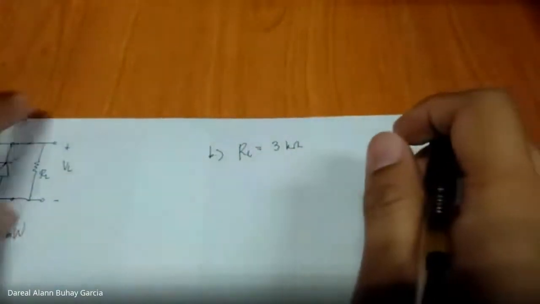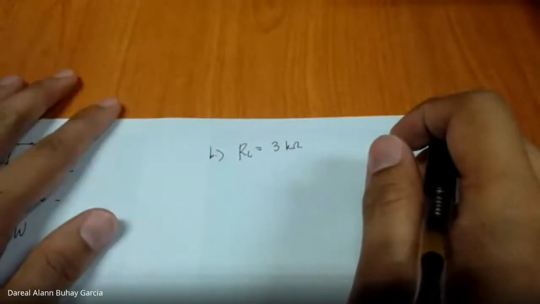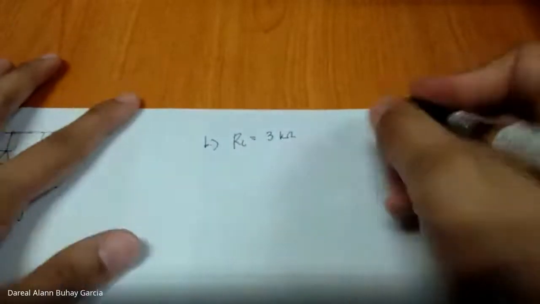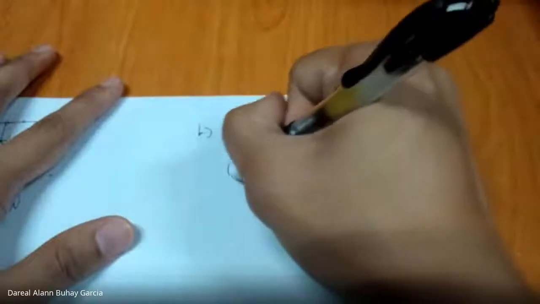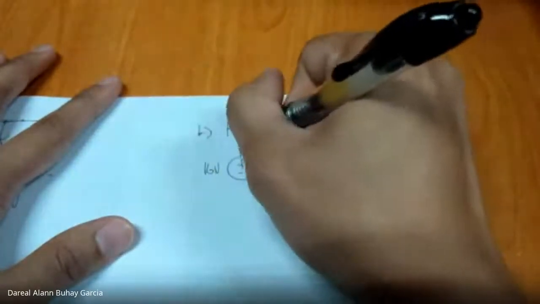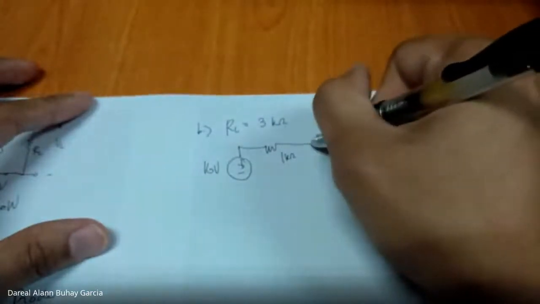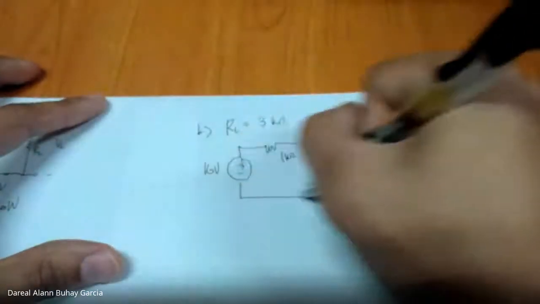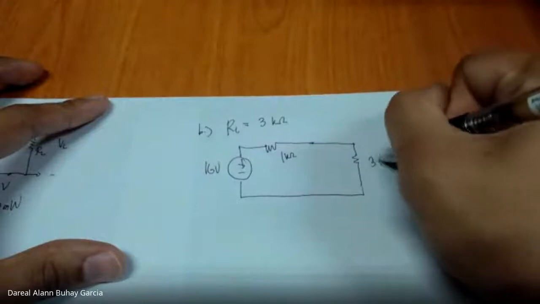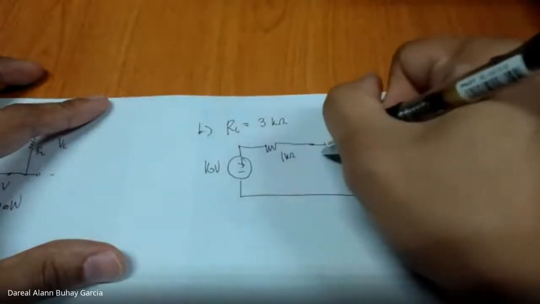3 kilo ohms. Yeah, 3 kilo ohms. 16 volts, 1K, 3K.